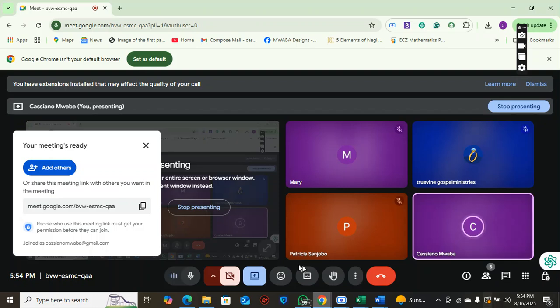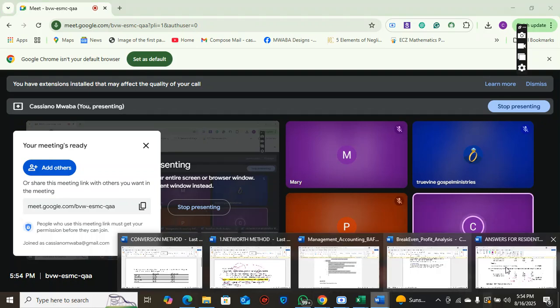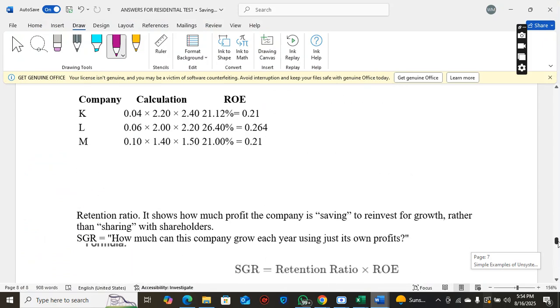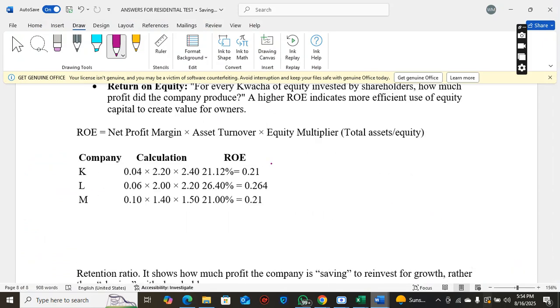Yes. So once we've got these retention ratios, now we multiply them by the return on equity. So company K 0.212, company L 0.26, this one 0.212, then this one 0.21.